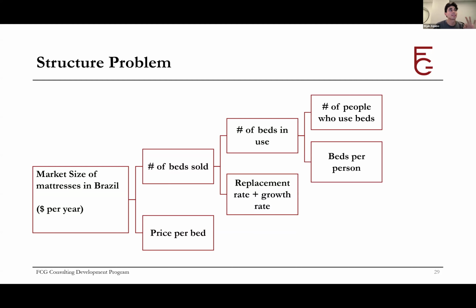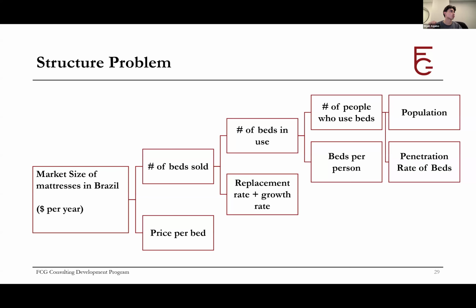If we multiply that by the replacement rate, that will give us the number of beds actually sold. To get to the number of people who actually use beds, we start off with the population of Brazil. When you're building out a framework, at the end you want to start with the market size and use your top-down structure. But the first assumption you should put in is the population.